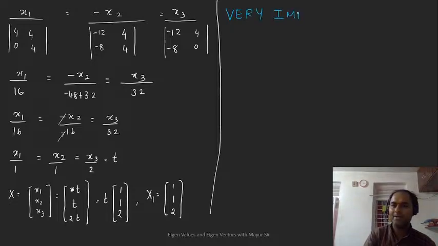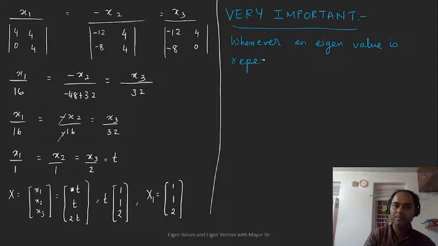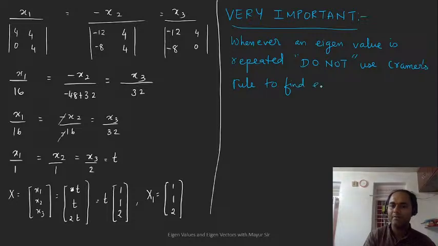Please write down this thing, you will need this all throughout: whenever an eigenvalue is repeated, do not use Cramer's rule to find the eigenvector.